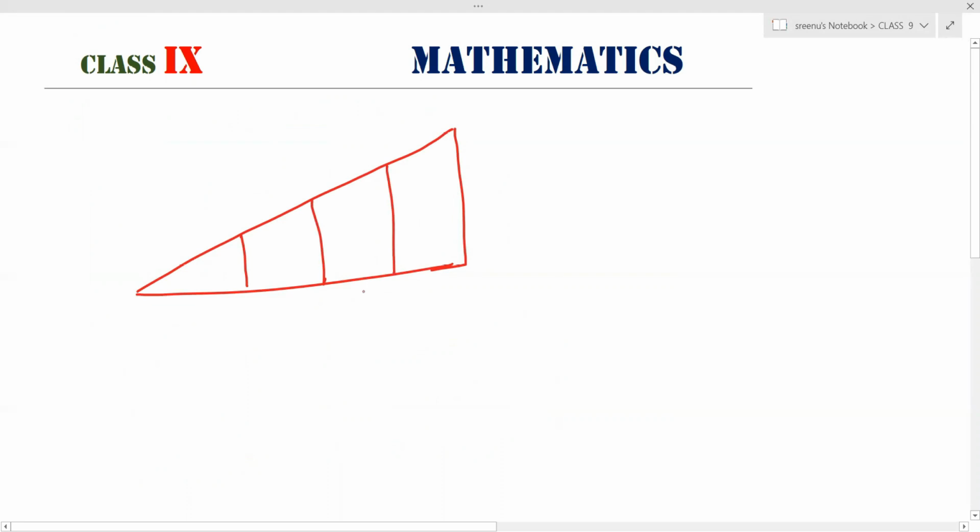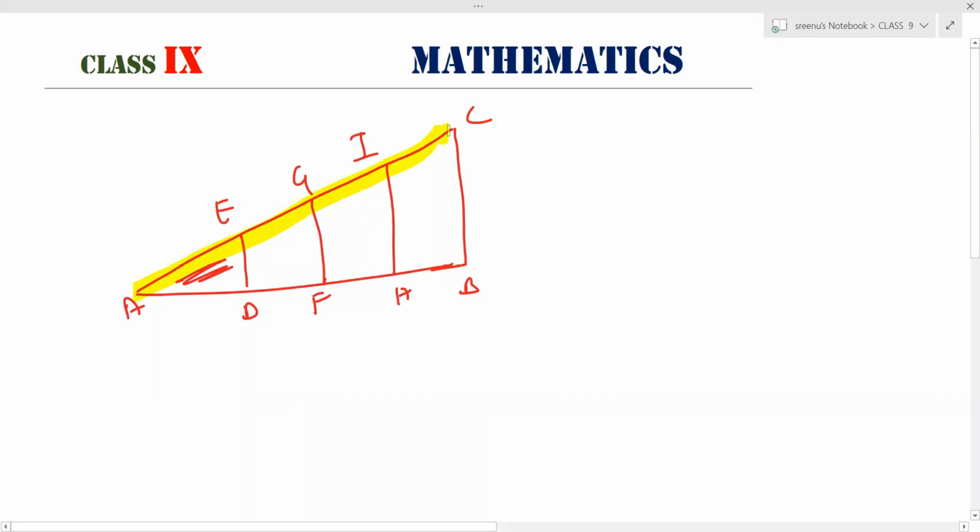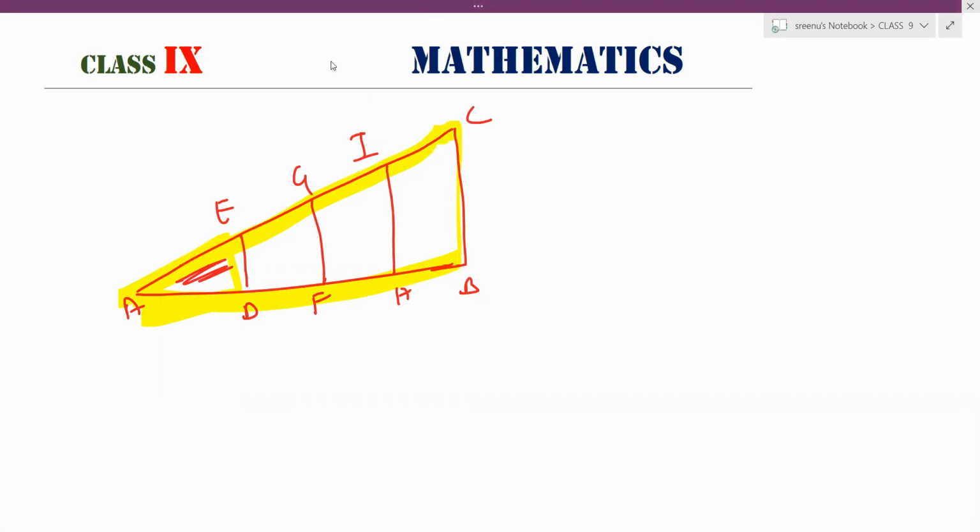Then we'll take here A, B, C, the biggest triangle, and here D, E, F, G, H, I. Here, if you see the small triangle and this big triangle, mark this big triangle with yellow color and this small triangle. Big triangle and small triangle.